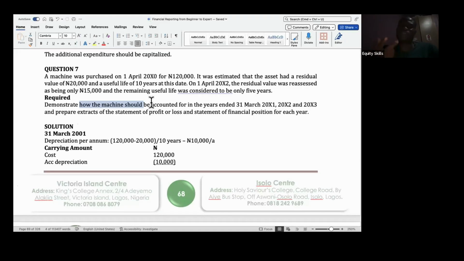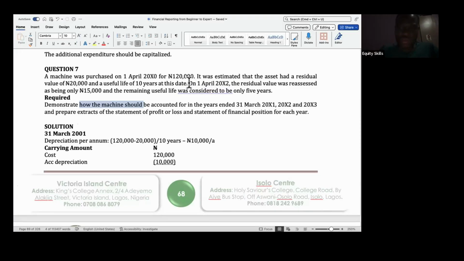It will not be the depreciation we were using before that we continue to use. It will change as a result of that change in useful life or change in residual value. And in this question, the two happened at the same time. There was a change in useful life, there was a change in residual value. So let's see how it's going to impact.